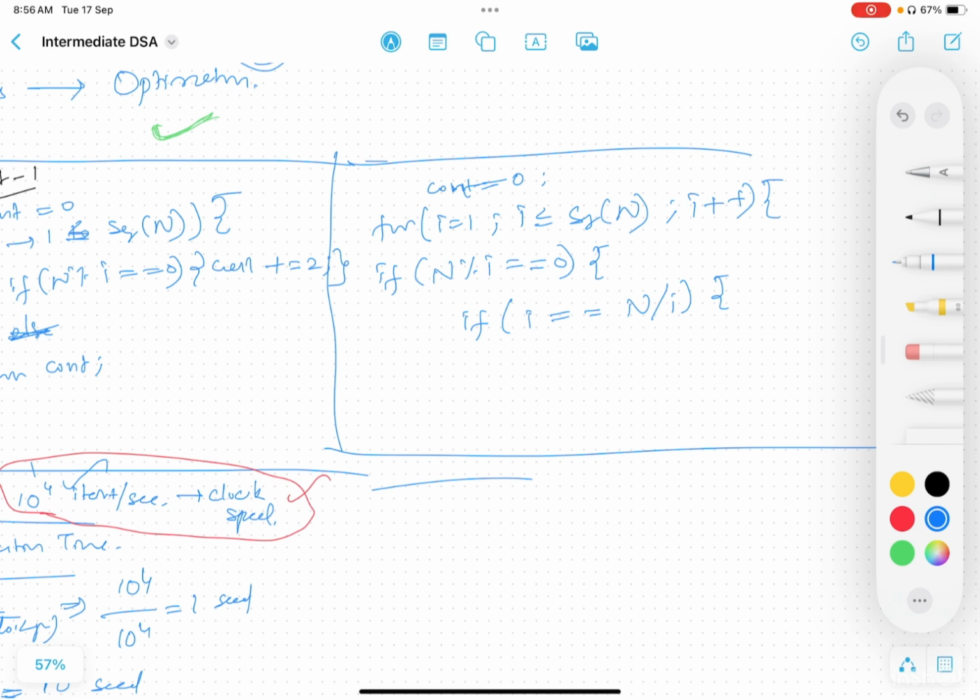It's a perfect square if you get something like that. Then do count plus plus, not count plus 2. Else it's a factor and you are checking within the square root terms, so you have to do count plus equal to 2 and return your count. Let me write it properly.